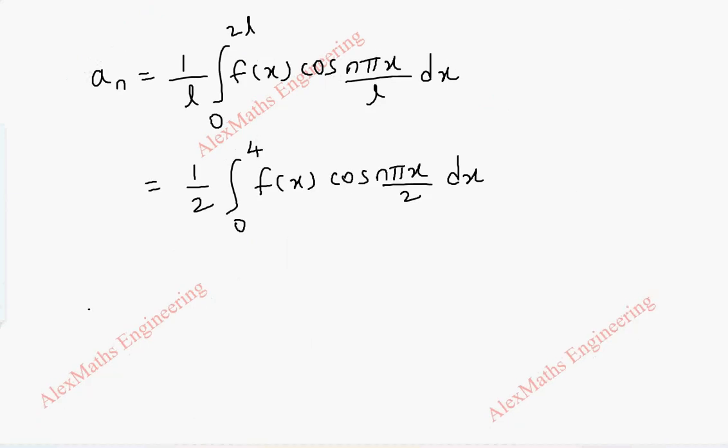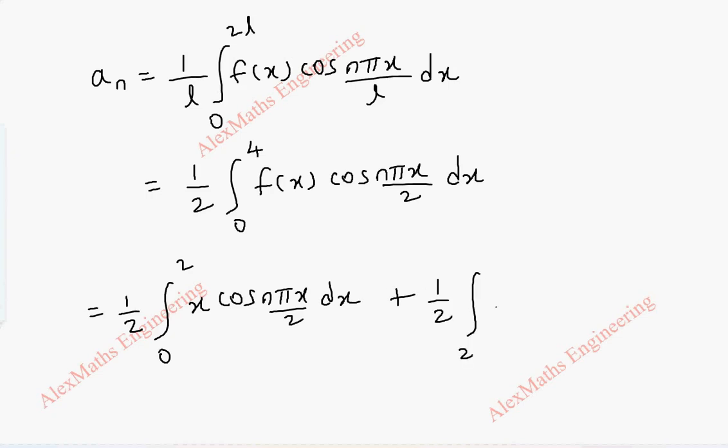We are going to split this into two parts. One is from limit 0 to 2, f of x is x, cos n pi x by 2 dx, plus again 1 by 2 integral 2 to 4, f of x is 0 into cos n pi x by 2 dx. Anyway, the second part is completely 0.